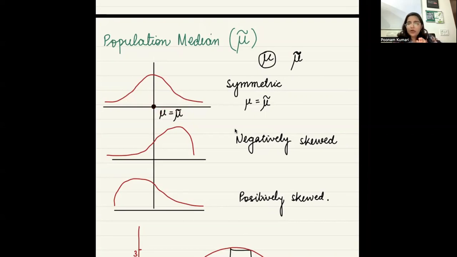Because all the data points are symmetric around mu, the mean value is mu. If all the data is symmetric around 10, the mean value will be 10. And because the data grows till here and then falls down, the central value is this only, and whatever is your central value is your median value, right?